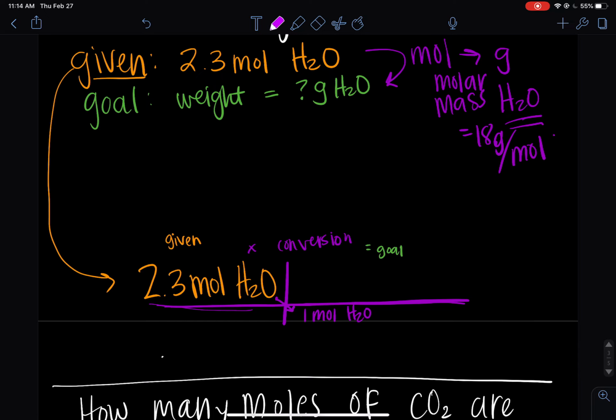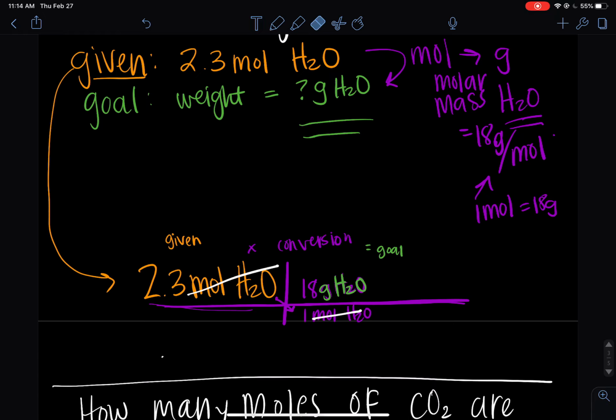And I know right here that 1 mole of H2O equals 18 grams. So I can say 1 mole here equals 18 grams of water. Okay? And so that means that the mole of H2O and mole of H2O cancels. And the only thing I'm left with is grams of water, which is my goal.